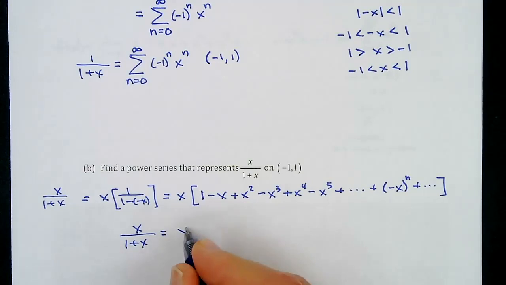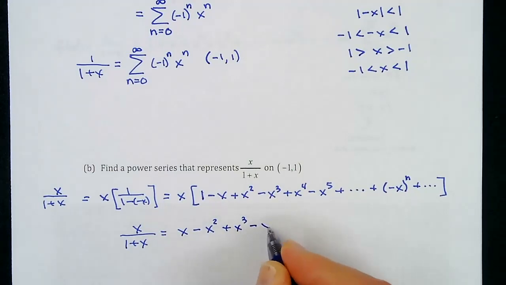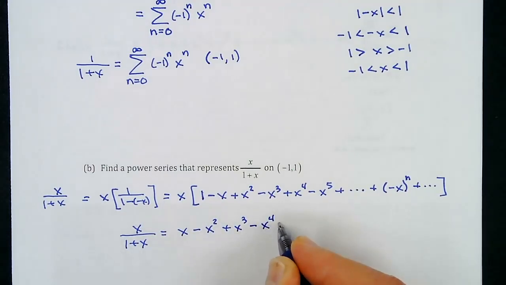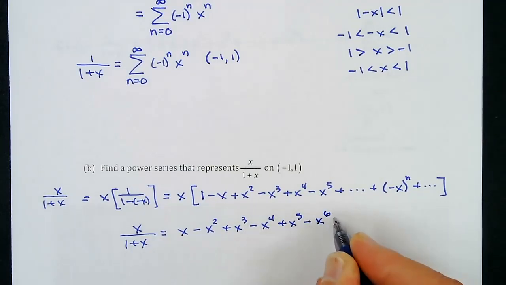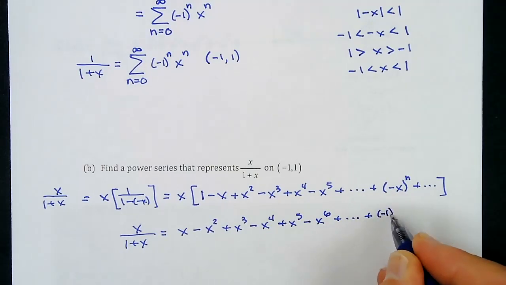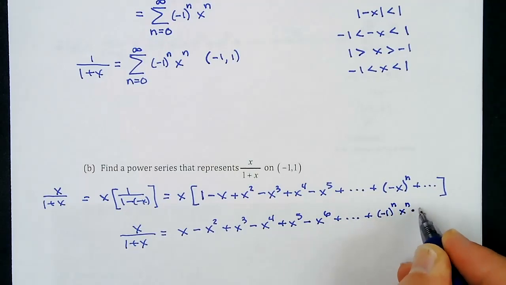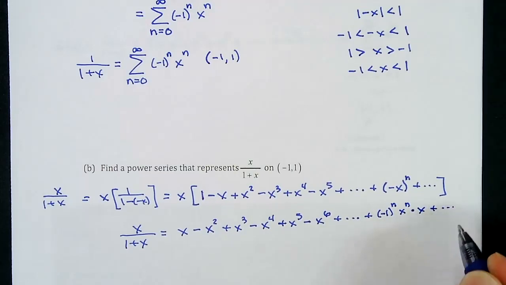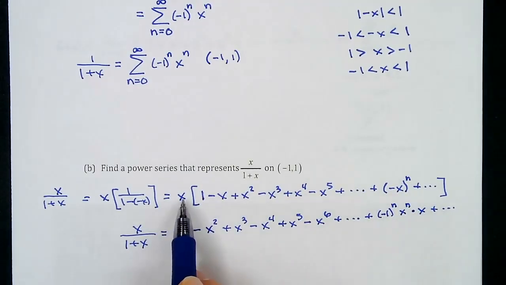So this becomes x minus x squared plus x cubed minus x to the 4th plus x to the 5th minus x to the 6th plus ... plus, and really I would write this as -1 to the n power, and then x to the n times x, plus ... So this one right here is -1 to the n and x to the n, and then I'm multiplying by this x. This x came from distributing the x.